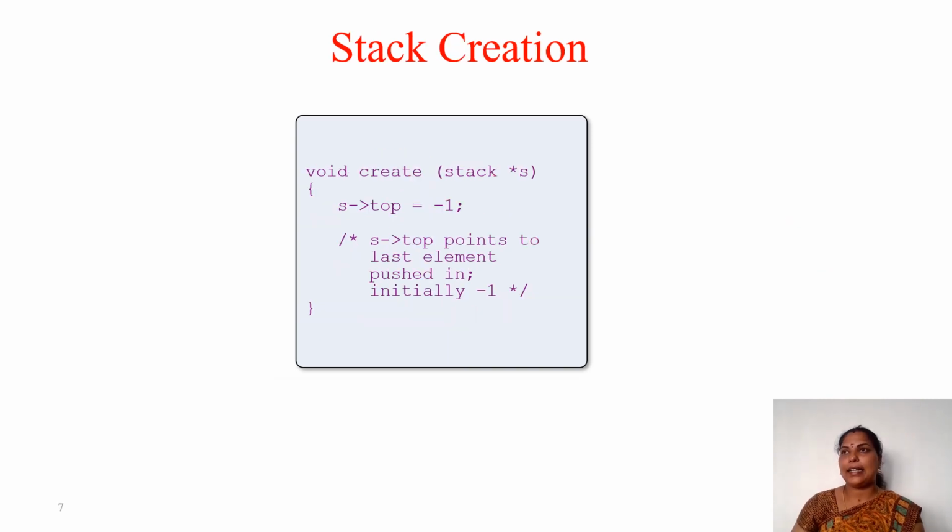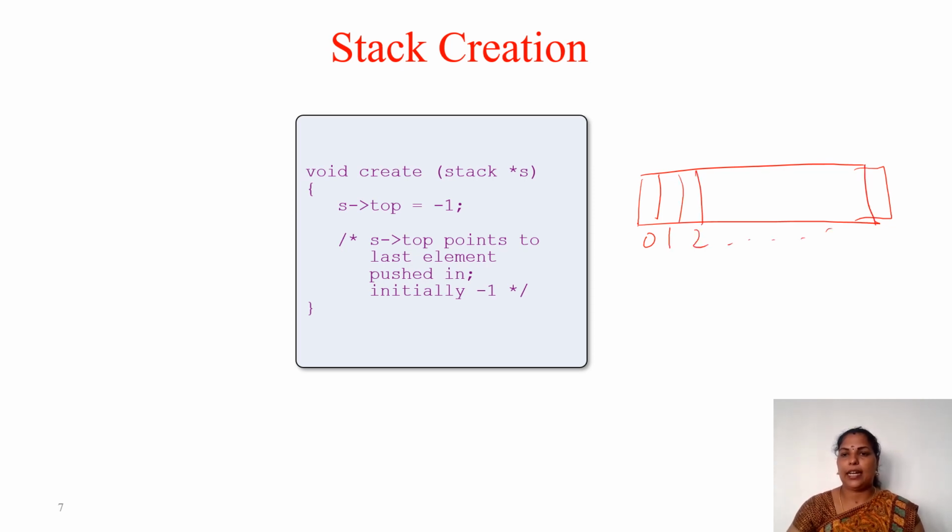Next is stack creation. It is very simple. We are just creating an empty stack. Here one thing you have to keep in mind is we know that top plays a vital role. Say for example now we are going to create a stack of size 100, right? So always we are having 0, 1, then 2 up to 99. So this is our stack size.